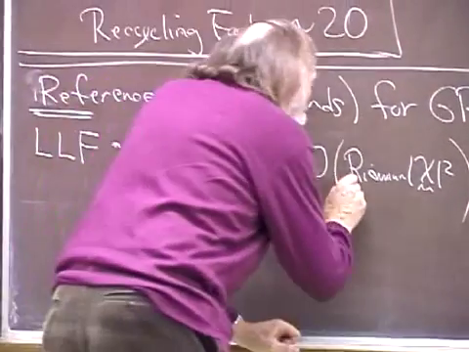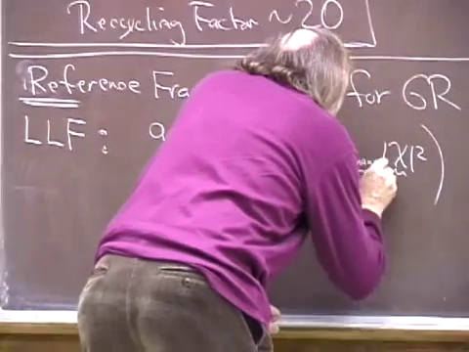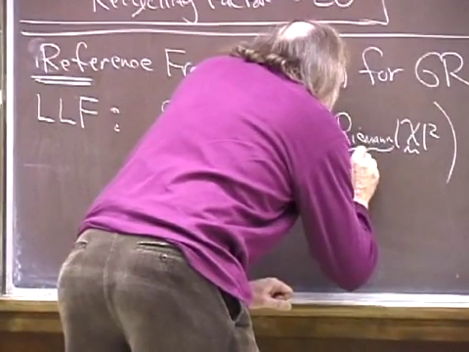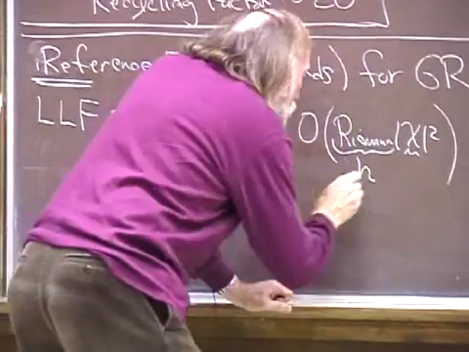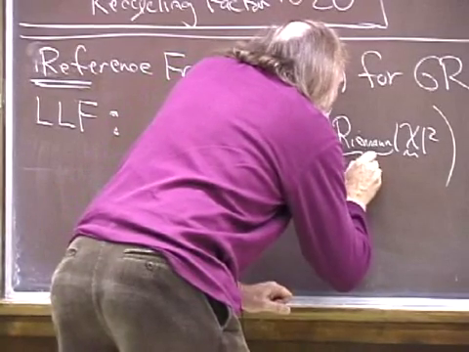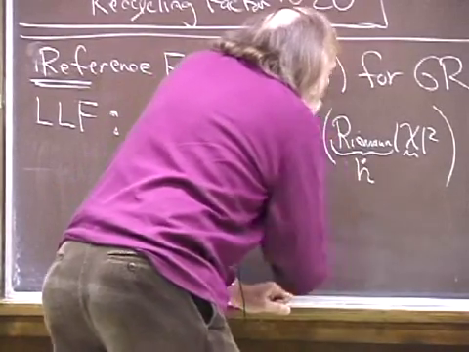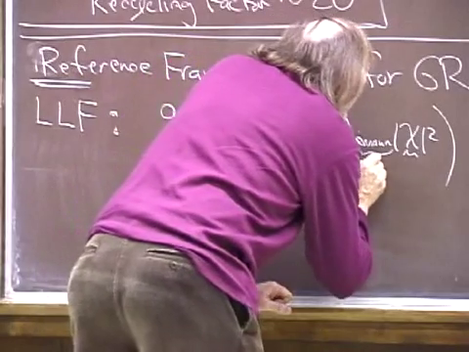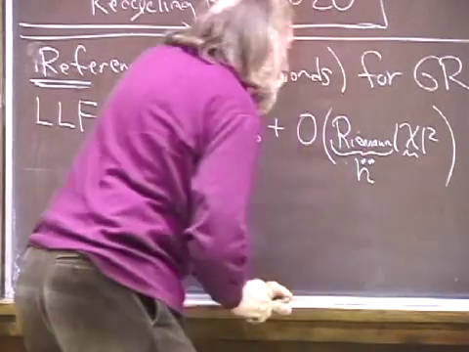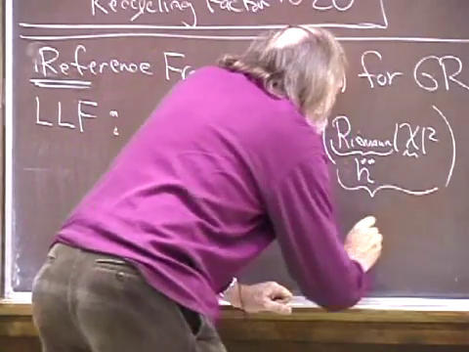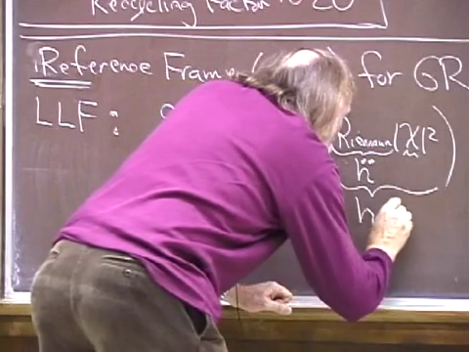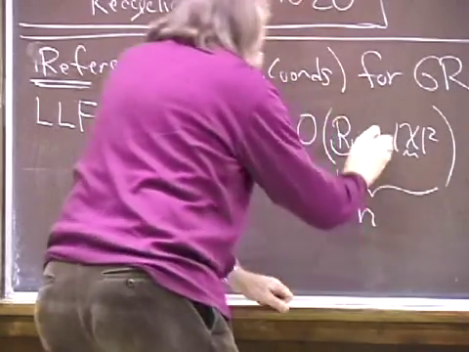In terms of magnitudes, the Riemann tensor is the gravitational wave field with two time derivatives on it. And so this term here is h. X is the size of the interferometer.